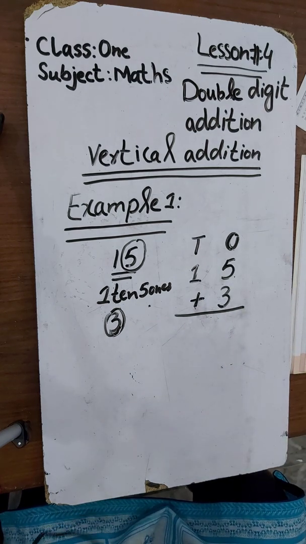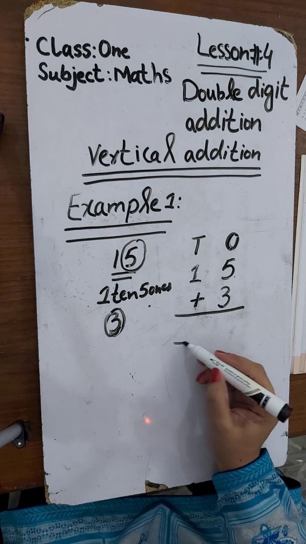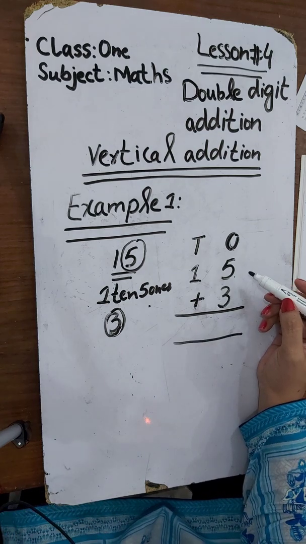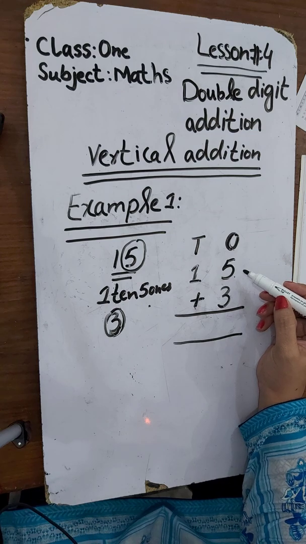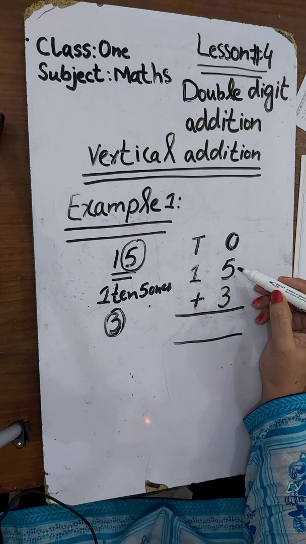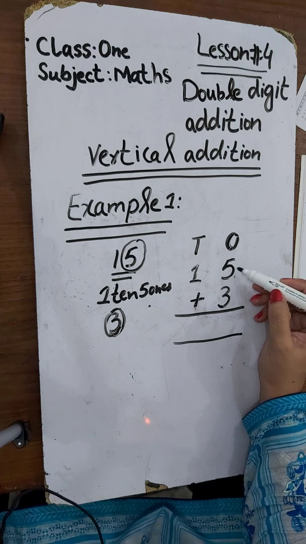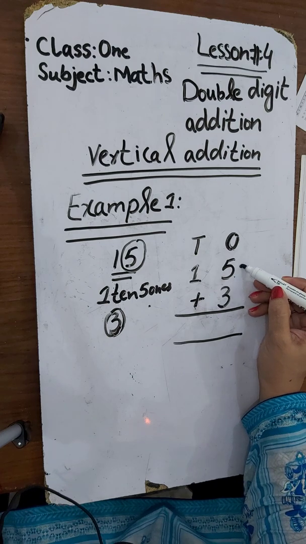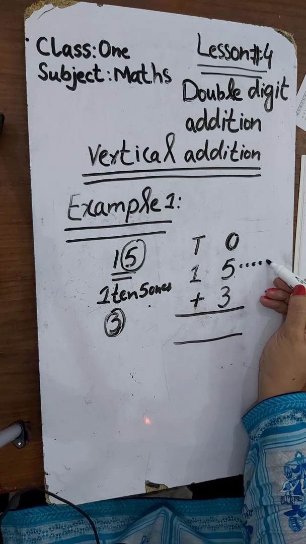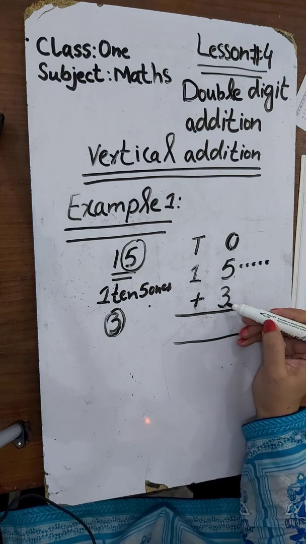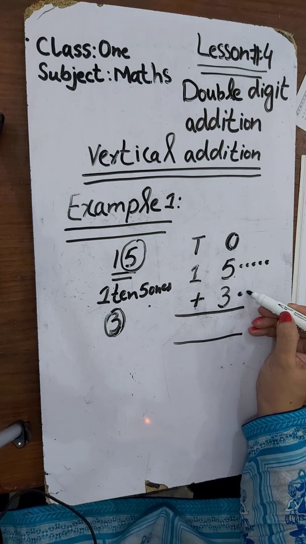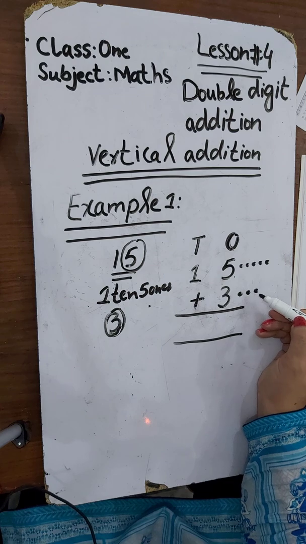Now start addition. There are different methods of addition. You can use dots, you can use fingers, it is up to you. For example, I am using dots here. It is 5, so 1 2 3 4 5. It is number 3, so 1 2 3.